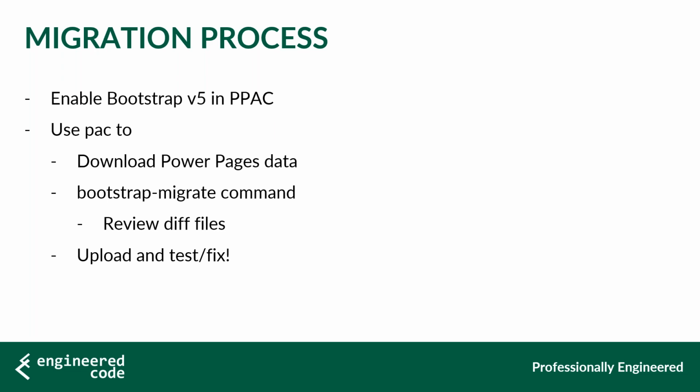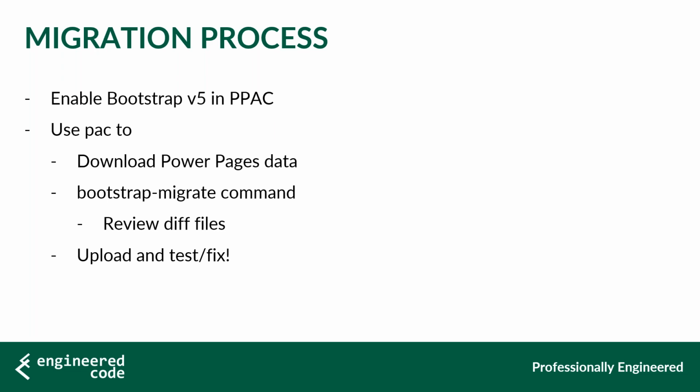So once you've enabled Bootstrap 5 in the Power Platform Admin Center, what you'll then do is use the pac, the Power Platform CLI tool, to download all of your Power Pages data. So you'll use the pac powerpages download command to download all the data.